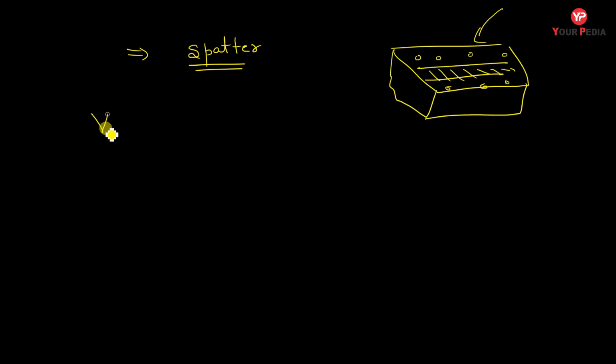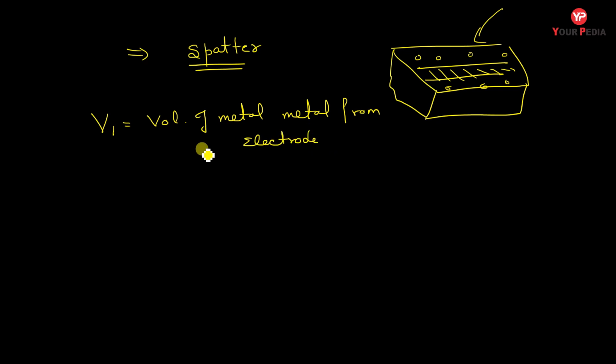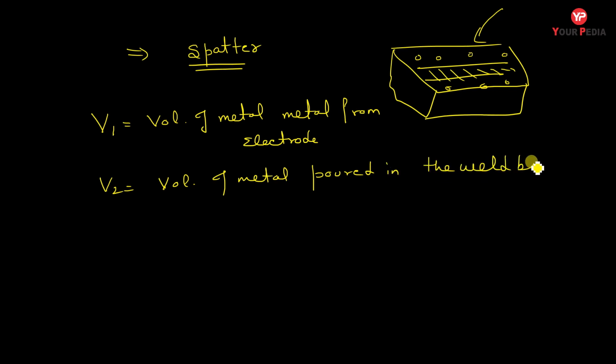For example, the volume of metal melted from the electrode is V1, the volume of metal poured in the weld bead is V2, and there is another quantity V3, the volume of metal lost due to spatter.